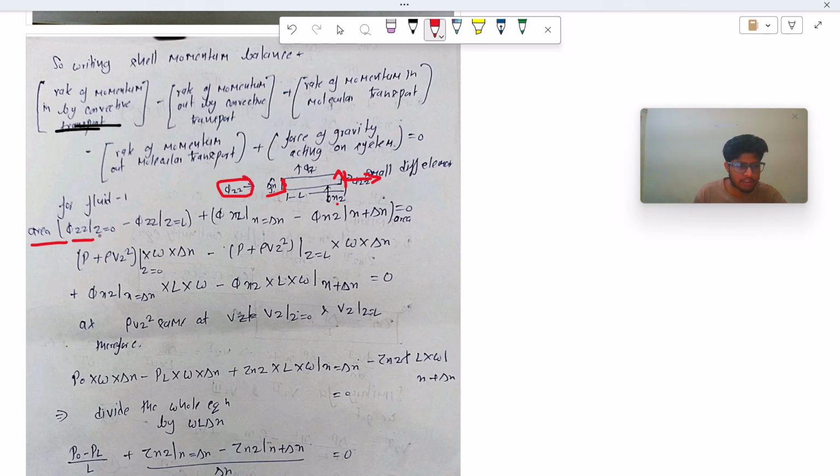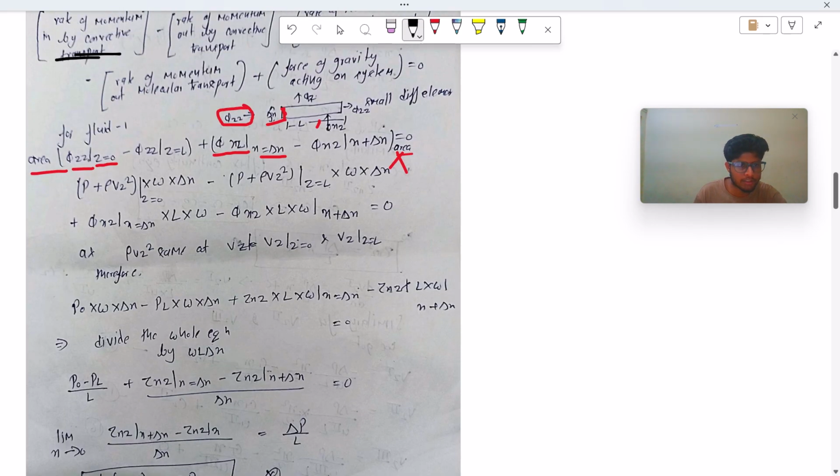So area into φzz at z equal to 0 minus φzz at z equal to L, plus φxz at x equal to x minus φxz at x plus delta x, into area. The area perpendicular to the φxz component will be L into W. We can imagine this: if our shear stress is transferring in this direction, the particular area is L into W.